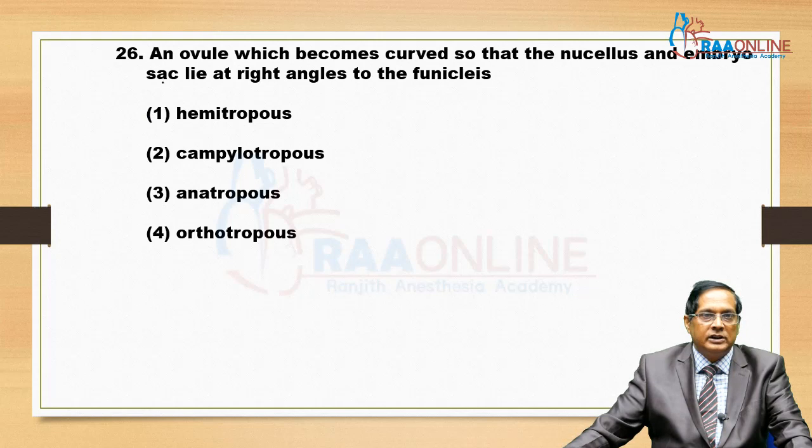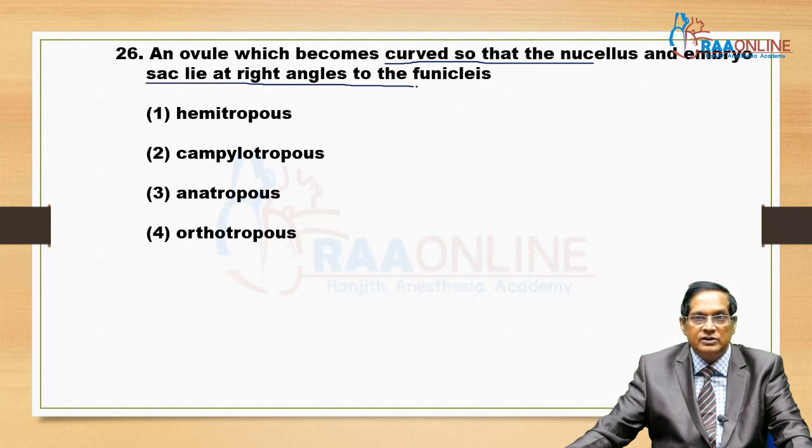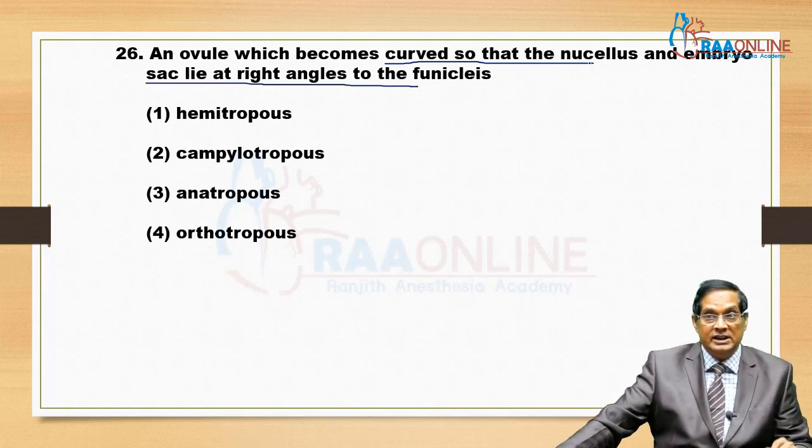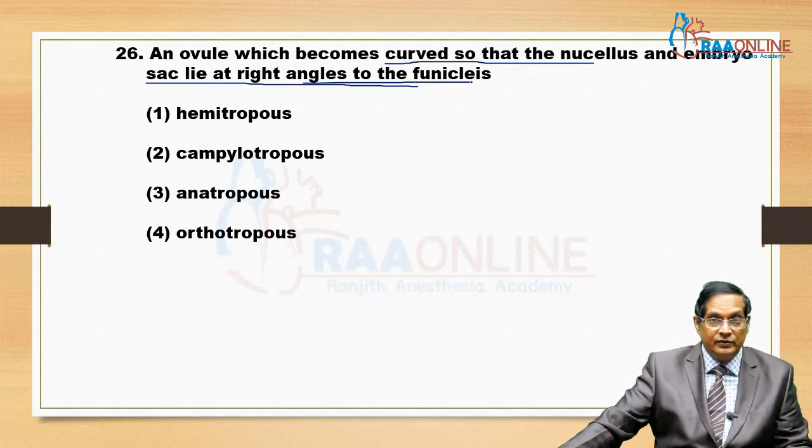Then let's see this question. The ovule becomes curved, so nucellus and embryo sac lie at a right angle to the funicle. See this word, right angle to the funicle. This word is important.